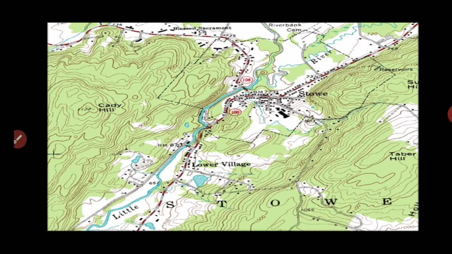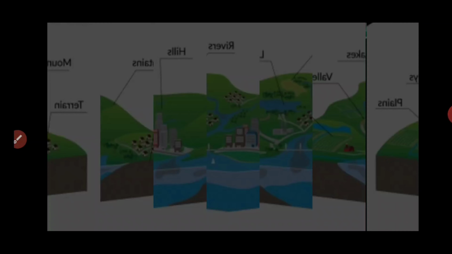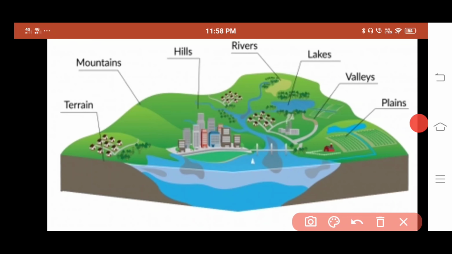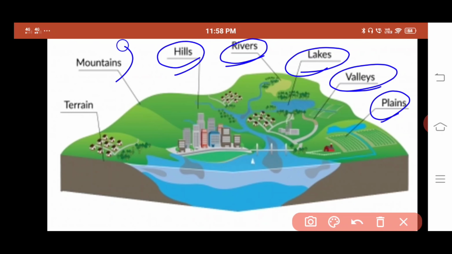So here the main relief features are hills, valleys, plateaus, plains, river basins, rocky and sandy places. Understood, my dear? These are all called relief features. Here you can also see the picture: plains, valleys, lakes, rivers, hills, mountains, terrains. All these are called relief features.